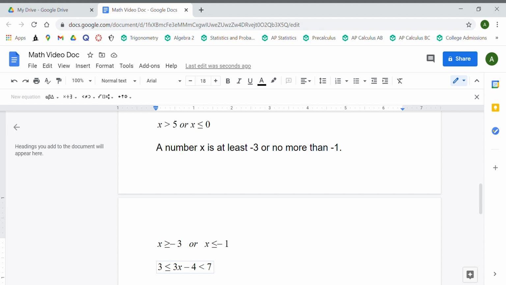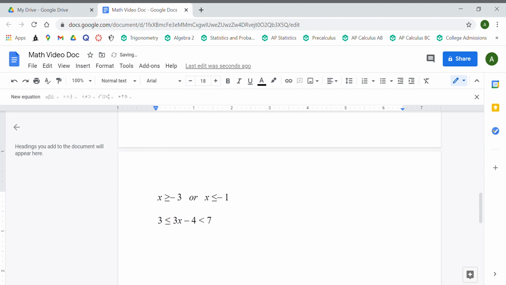Like with any other inequality, we have to get x by itself. In order to do that, we must use inverse operations, like we've been using since the beginning of the year. So we add 4 to each side.